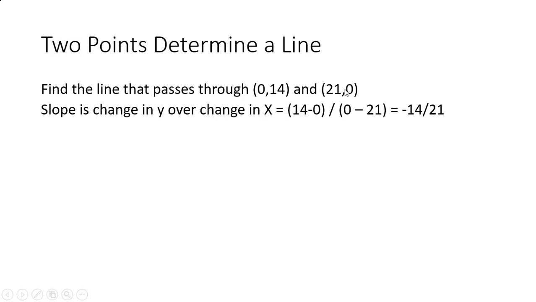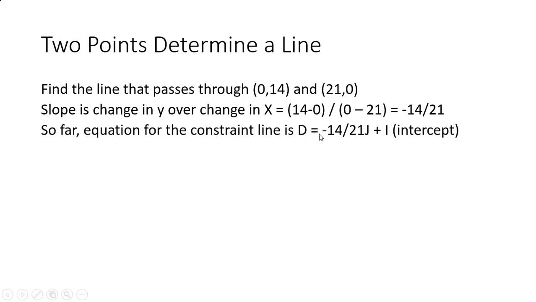So we take 14 minus 0, divide that by 0 minus 21, and we get a slope of negative 14 over 21. So now all we have to do is find the intercept. So we have our equation for the constraint line, d equals negative 14 divided by 21j plus I.